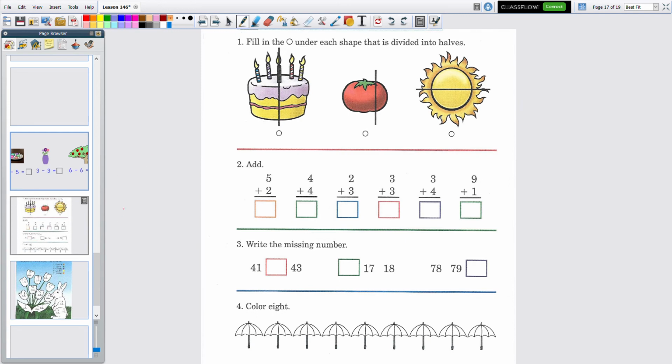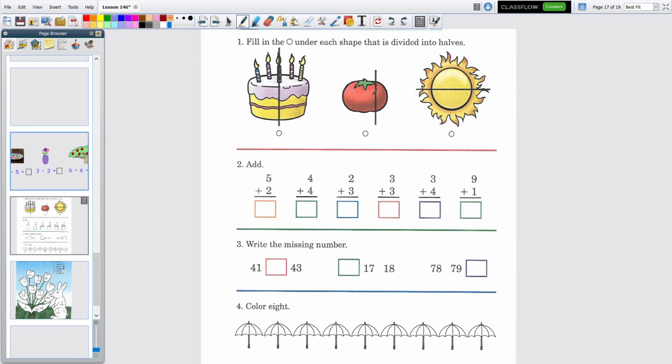Okay, now, I hope you have this paper ready. Put your name at the very top of this paper. Make sure it's always on there. Now it says fill in the bubble under each shape that is divided into halves. Now remember, halves are where you take a whole something and you cut it in equal pieces, 2 equal pieces.